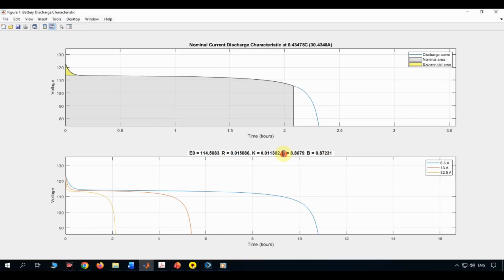And A equals 8.8679. B equals 0.87231, the exponential zone amplitude and time constant coefficients. These four numbers, E0, R, K, and the exponential term, are the actual mathematical parameters of the model Simulink uses under the hood. Everything we said on the parameters and discharge tabs simply gets converted into these coefficients.